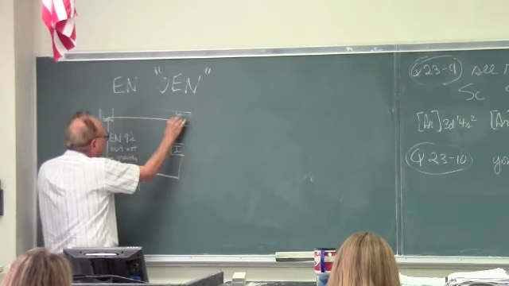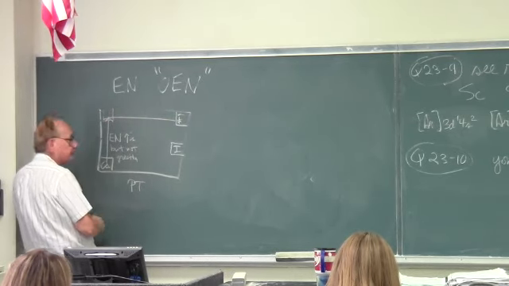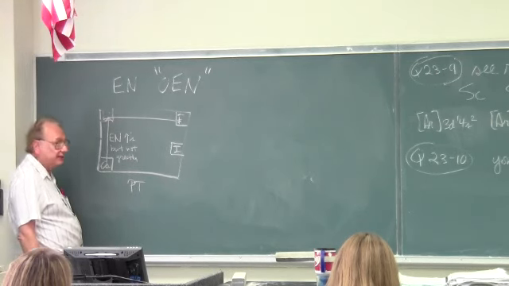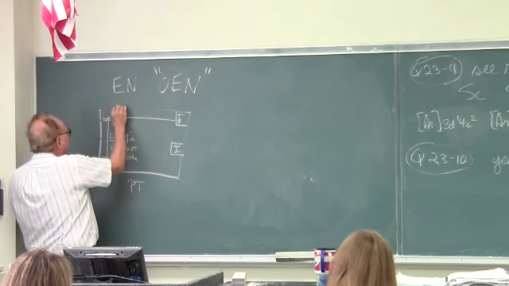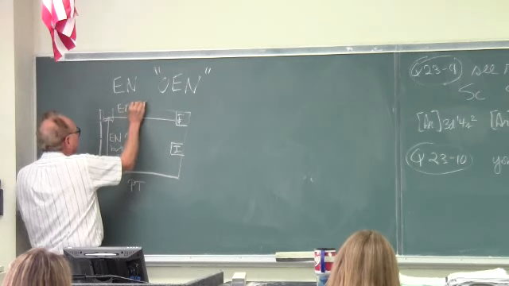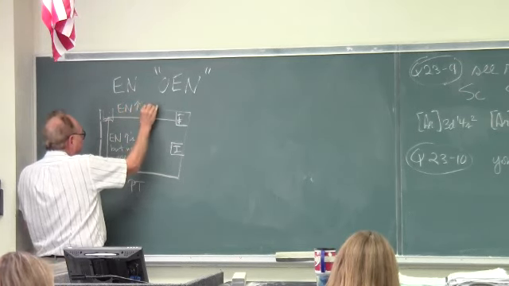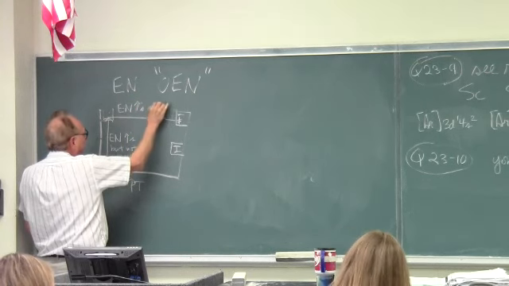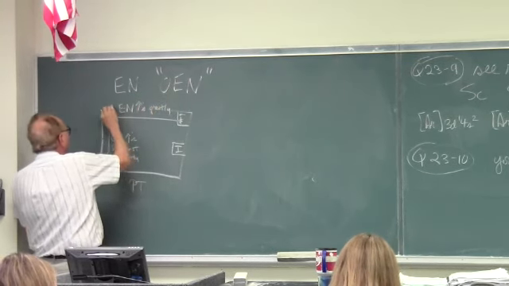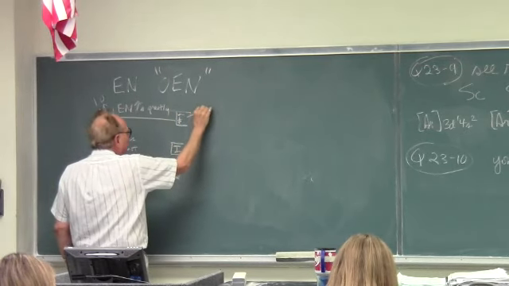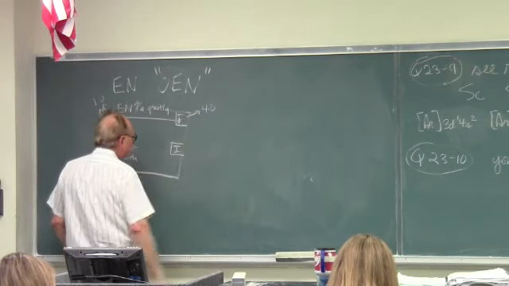Now let's go lithium to fluorine. Well, we know fantastic fluorine is number one in the electronegativity game. So here, EN increases greatly. EN lithium 1.0, fluorine 4.0.